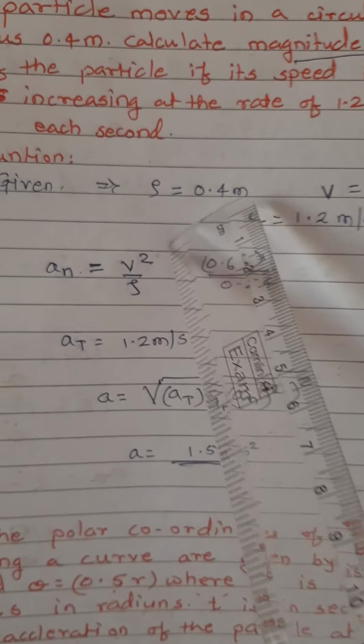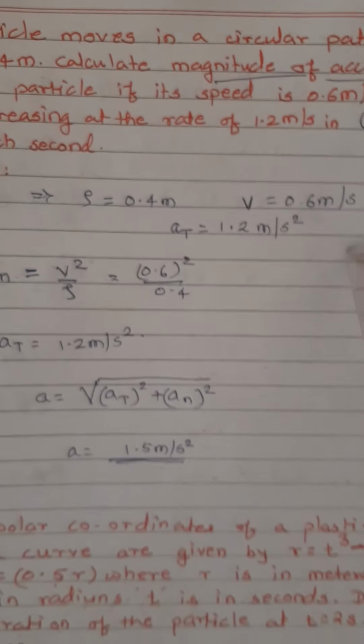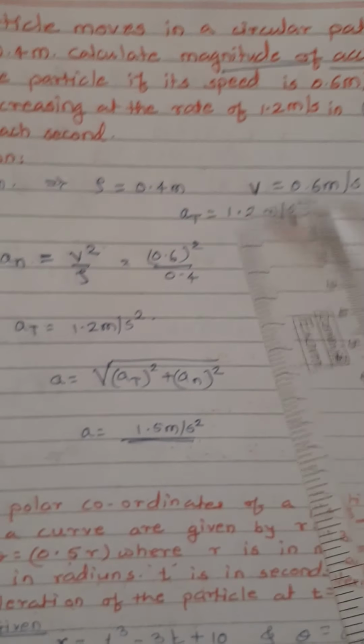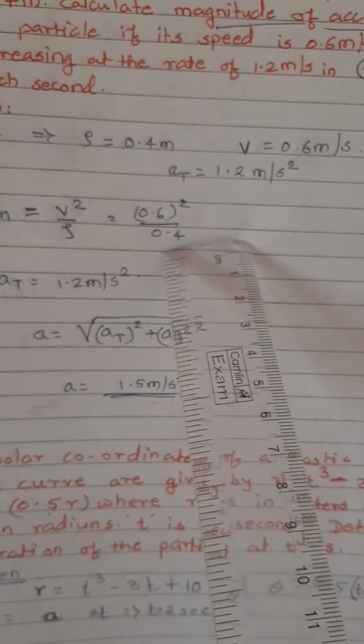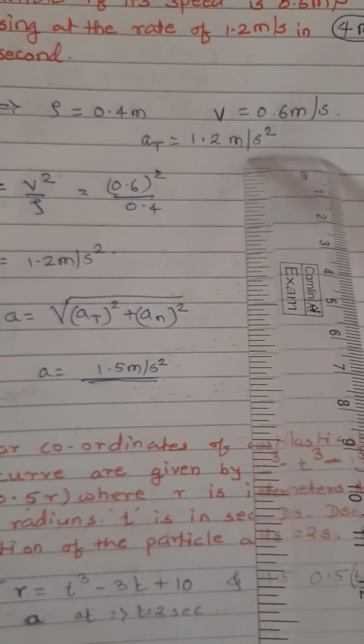An is v square by rho. V is given 0.6, therefore 0.6 square by rho. Rho is also given 0.4, and at is given.